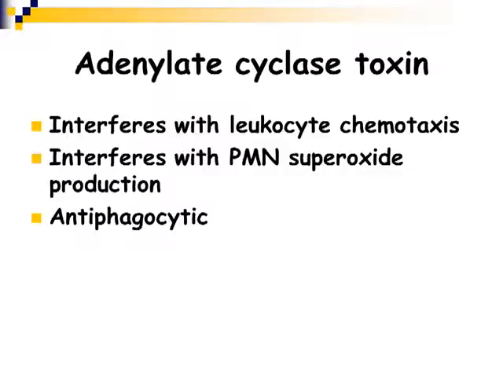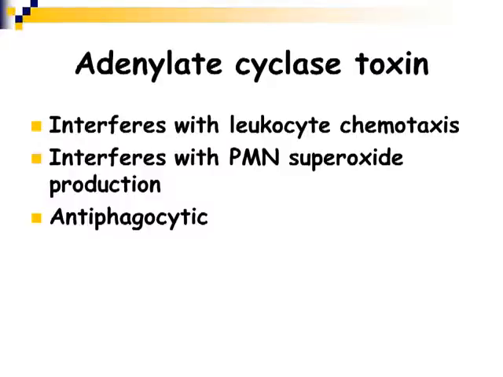The adenylate cyclase toxin interferes with leukocyte, or white blood cell, chemotaxis, so getting the white blood cells to that area of infection. It interferes with polymorphonuclear neutrophil superoxide production.